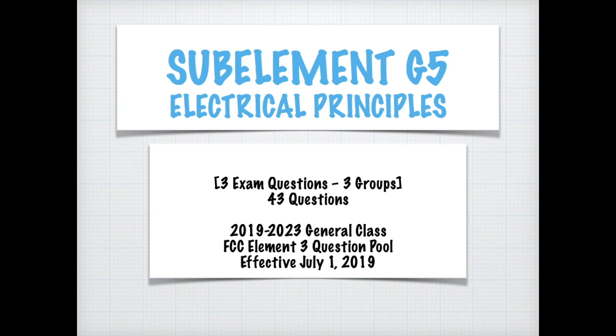Subelement G5 covers electrical principles. There are 3 exam questions from the 3 groups of 43 questions. This covers the 2019 through 2023 General Class FCC Element 3 question pool, effective July 1st, 2019.